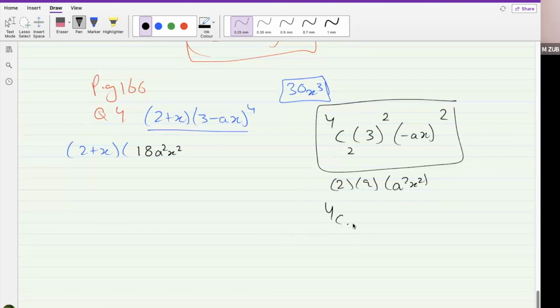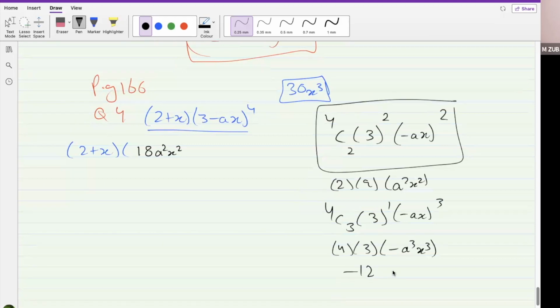So it will be 4c3, a 4 minus 3, and b3. So 4c3 is 4 times 3 times negative a cube x cube. So this is negative 12 a cube x cube.